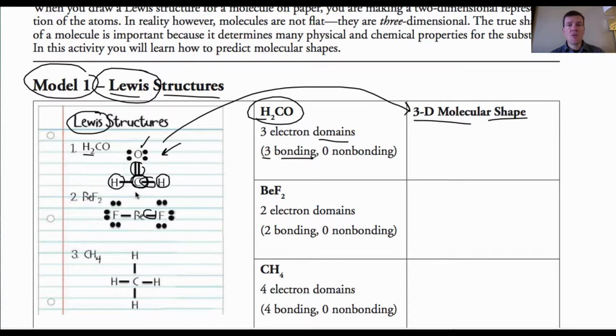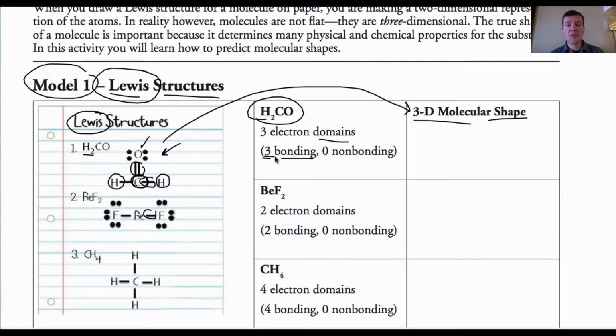And by the way, we are only showing the valence electrons. Those are the only ones we're concerned about because those are the ones that are involved in the bonding, either covalently in this case, or ionic compounds. But right now we're focusing on covalently bonded electrons.